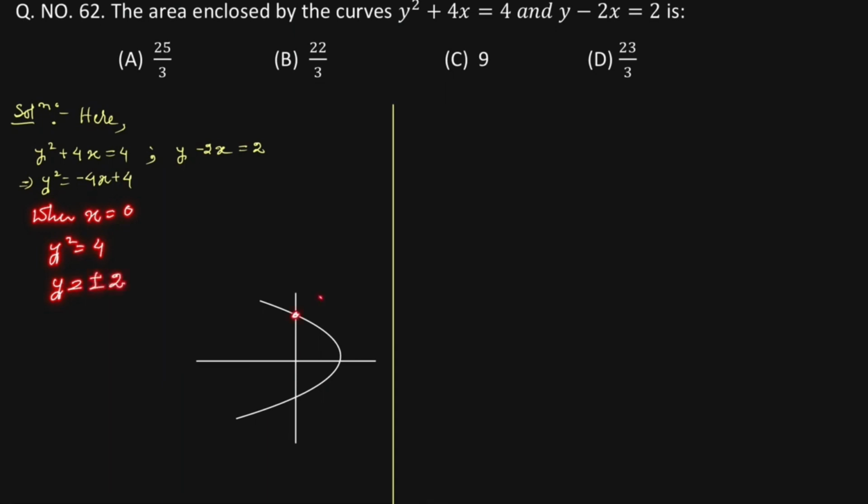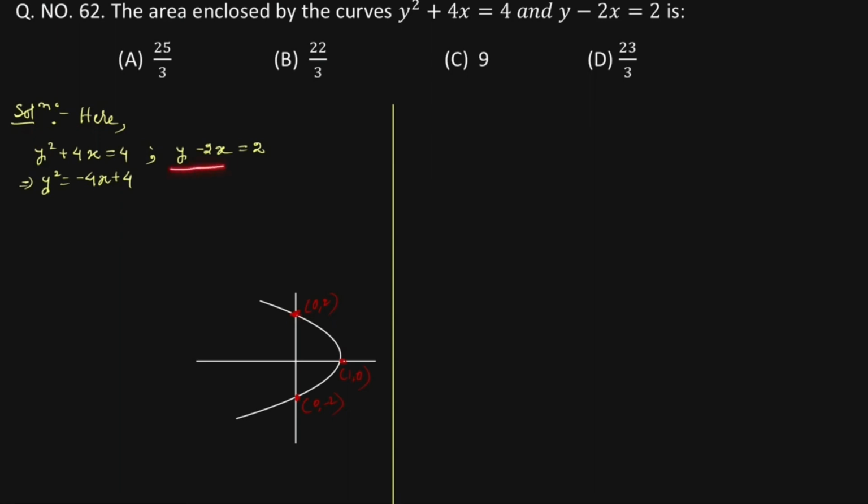So this point we will get 0, 2, and this point we will get 0, minus 2. And when we take y equal to 0, then we will get 4x equal to 4, x equal to 1. So this point is 1, 0.